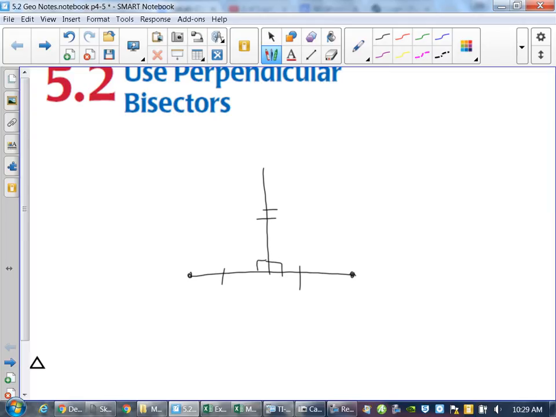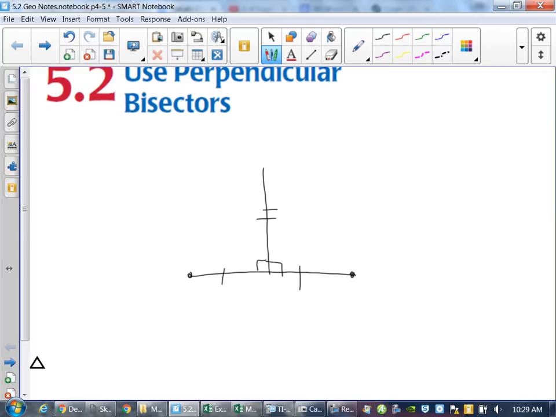So just by doing that, what do you have right away? I have side angle side. So without even drawing the sides of the triangle here, I get side angle side.